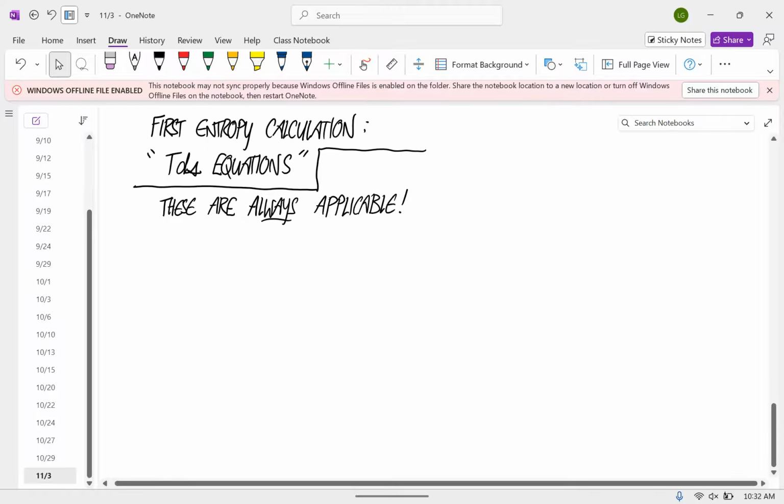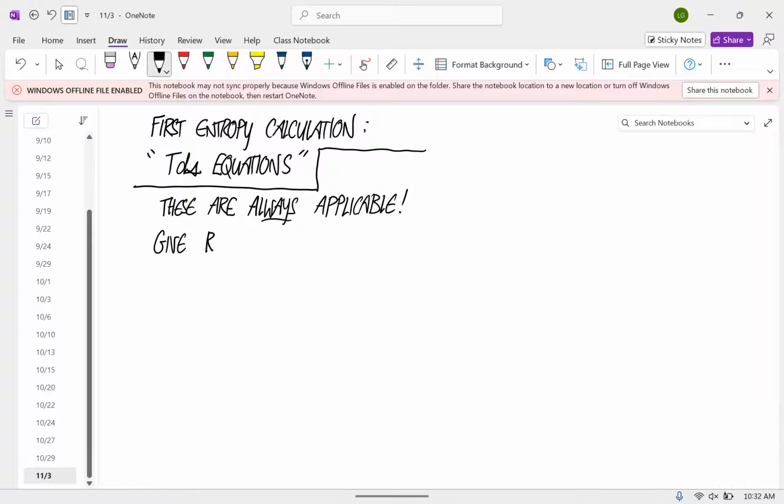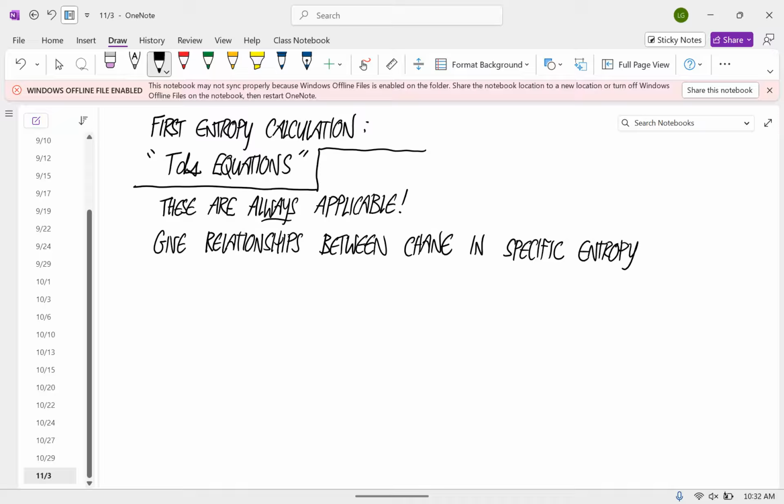And they give relationships between the changes, or the change in specific entropy, and changes in other properties.